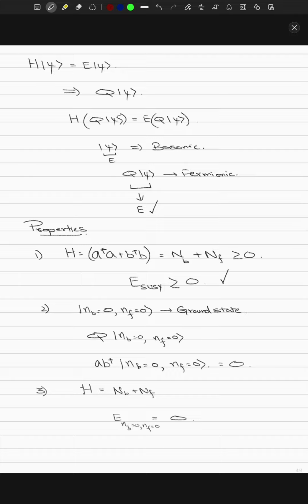Now in the next lecture, we'll hopefully talk about the spontaneous breaking of this supersymmetry. What happens there is that these last two properties that we have listed here will essentially change if the supersymmetry is spontaneously broken in your system, right? So let's conclude this video here, and in the next one we'll hopefully talk about spontaneous supersymmetry breaking.